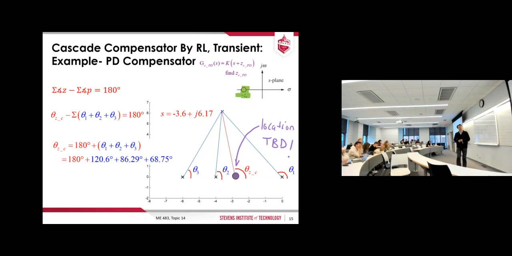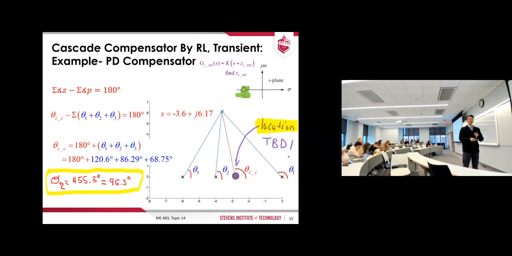Okay, the same way. You add up everything, you get 455. Then 455 means you rotate it once, right? 360 degrees. So 455 minus 360 is 95.3.